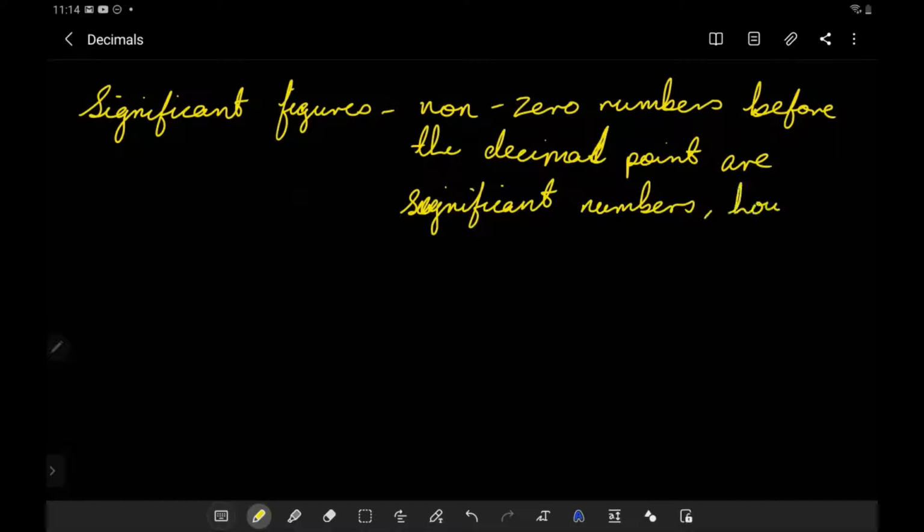However, zeros after the point are significant.